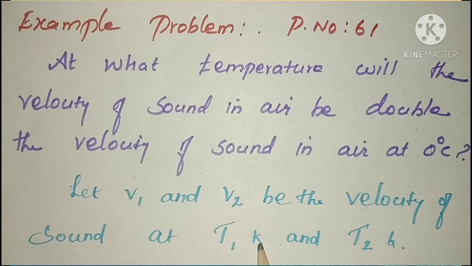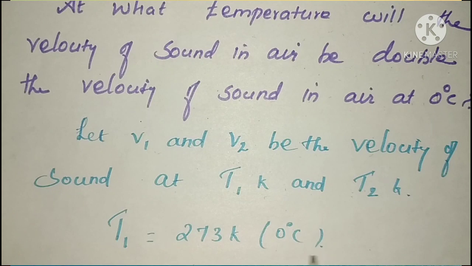The standard unit of temperature is Kelvin. So here the unit of temperature is Kelvin. Let us take V1 and V2 be the velocity of sound at T1 and T2 Kelvin. That means at temperature T1, V1 is the velocity, and at temperature T2, V2 is the velocity. Now T1 is 0 degrees Celsius, which means 273 Kelvin.